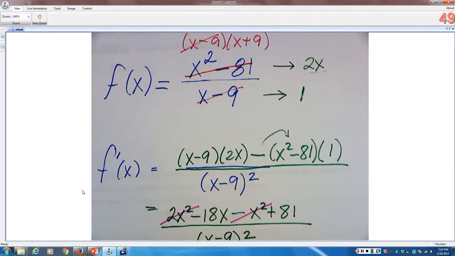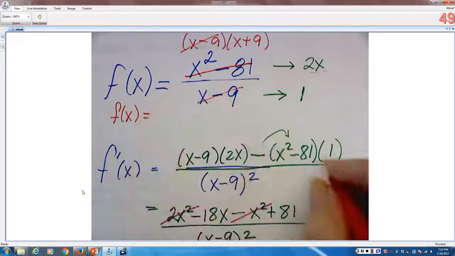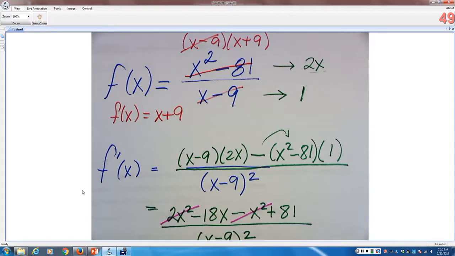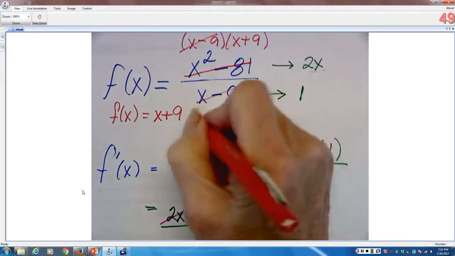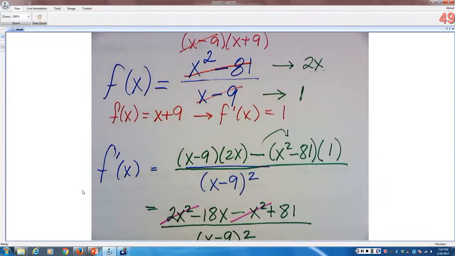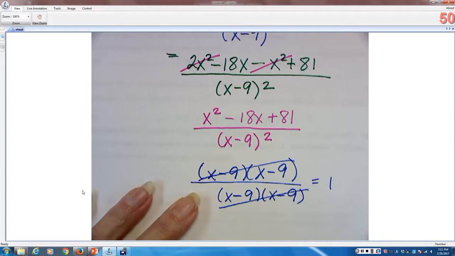The x minus 9s would cancel, so my original function was just x plus 9, as long as I didn't let x be 9, right? And your derivative would have been 1. So is algebra totally useless? No, if you use it in the right place, it can be really handy. Because you have to admit, that was an awful lot easier than that. Okay?